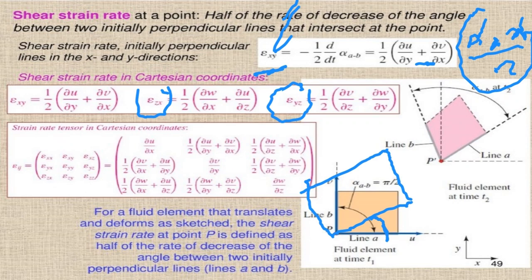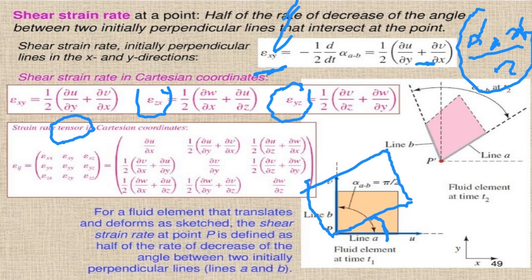If you put them in a tensor, you don't know what a tensor is. A tensor is something like a matrix. It's not a matrix, but it looks like a matrix. Never mind the name. But on a tensor, you can show all these 9 components of the strain rates.